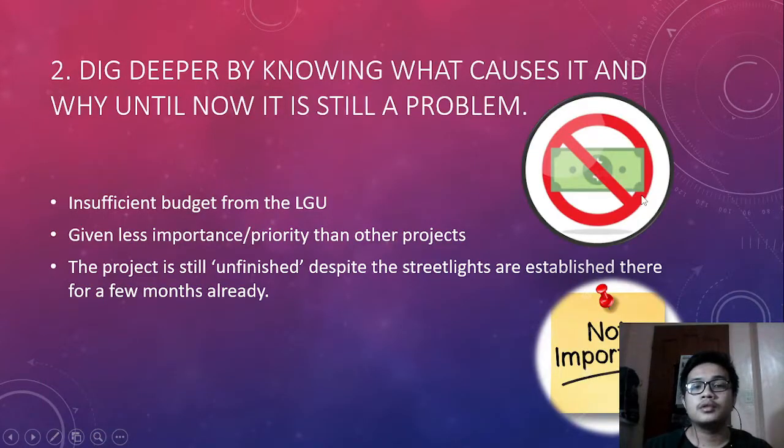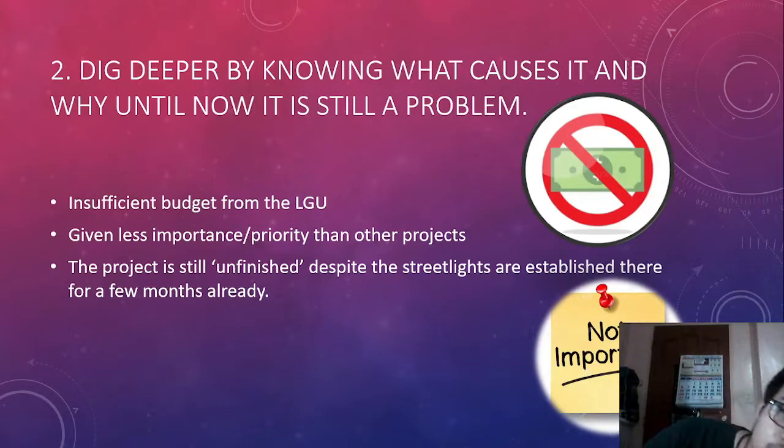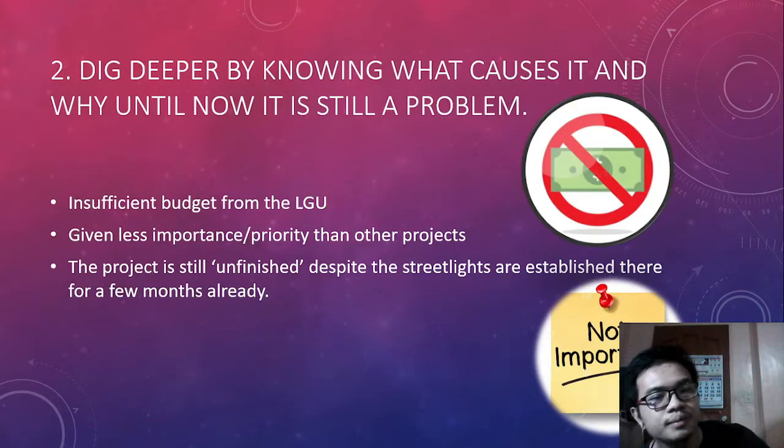streets. Number 2, dig deeper by knowing what causes it and why until now it is still a problem. Based on my interview with certain barangay officials, a common thing they said is that there is insufficient budget from the LGU as of the moment to fully implement and fully operate the streetlights for our barangay.